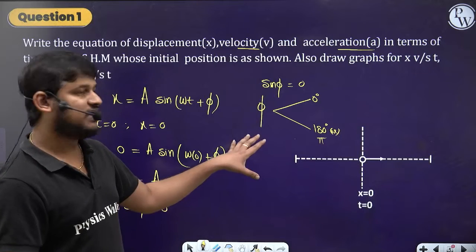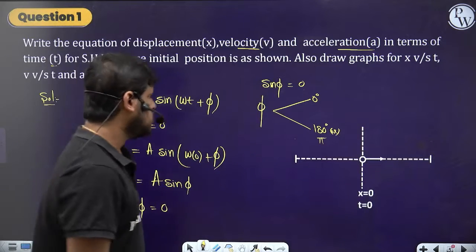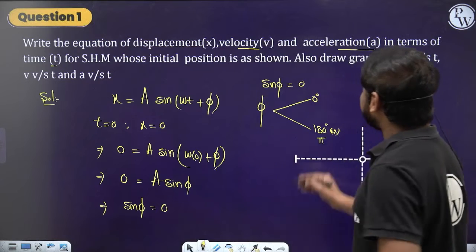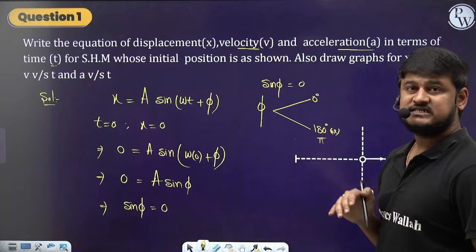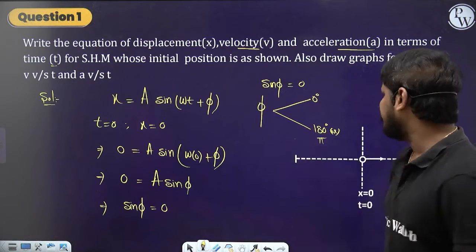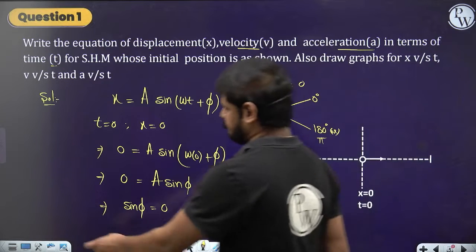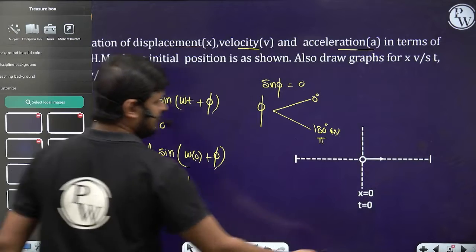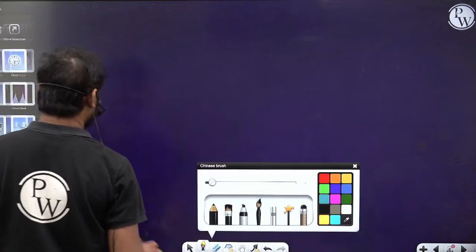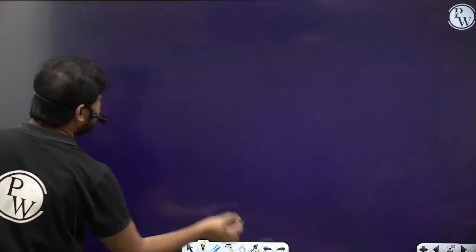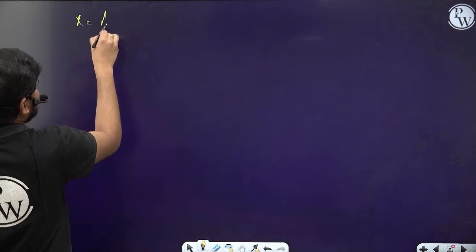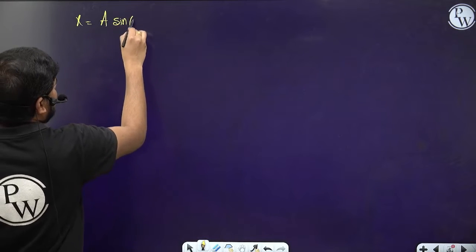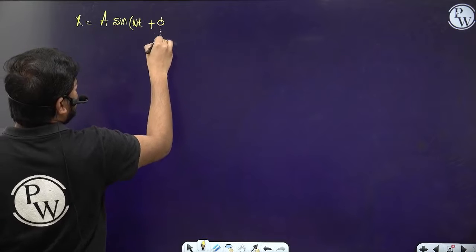Clear everyone? Now see whether it is 0 or pi in this case. How do we decide? Let's go for the velocity equation. What's the equation for the velocity? Displacement we got x is equal to a sin(omega t plus phi).